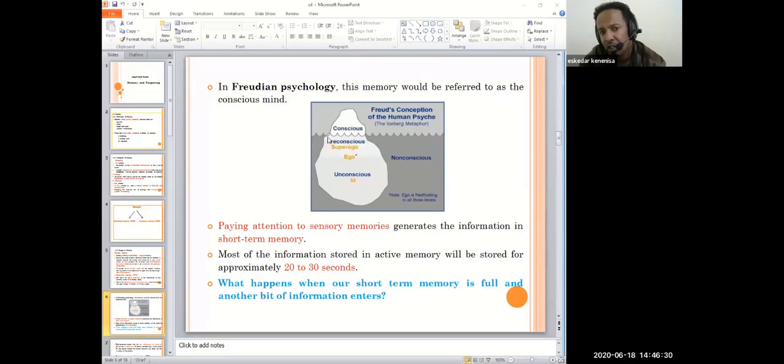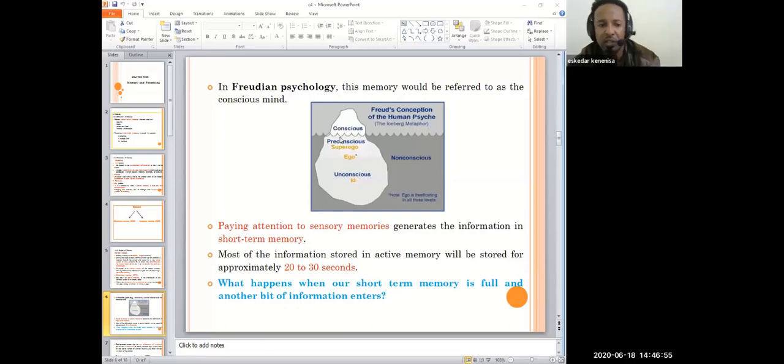However, a large part of the iceberg is under the sea. So our conscious mind, our active memory or short-term memory, is a very small portion. However, the unconscious and pre-conscious are very big, like long-term memory.